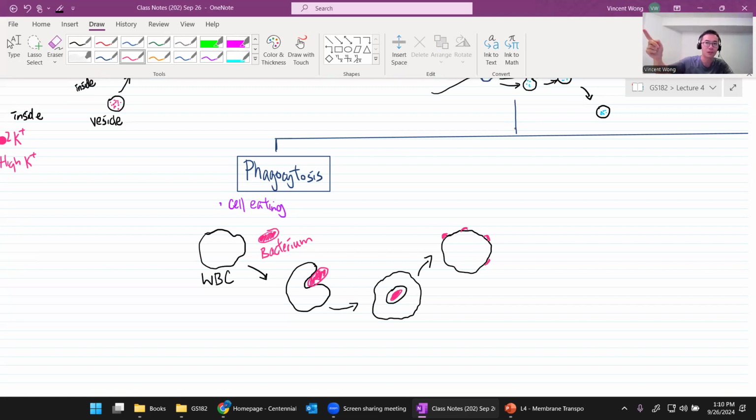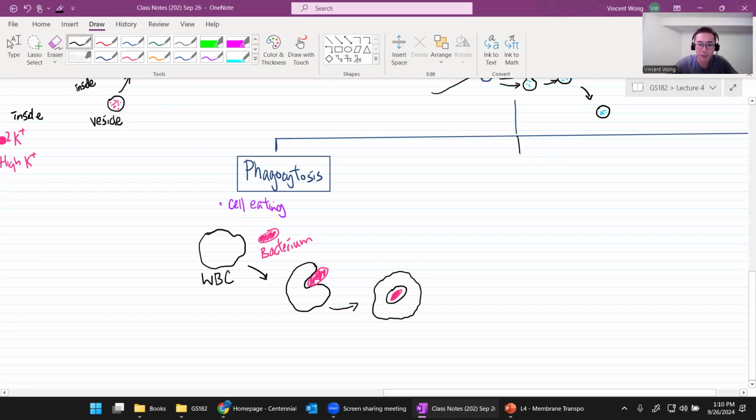So you should go look for it and kill them, because they don't belong to the body. Of course, that's an oversimplification, but that's basically how they inform other white cells so they can hunt down the bacteria infecting the body. So that's phagocytosis, cell eating.